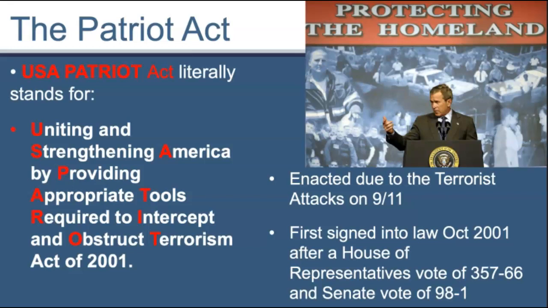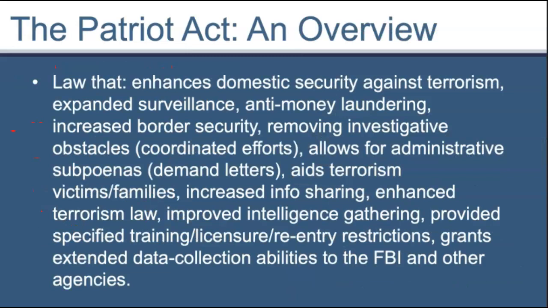But this was one of the most expansive, broad acts of criminal justice power that we had seen in over a century. So the Patriot Act is literally a law that enhances domestic security against terrorism, expanded surveillance, anti-money laundering oversight, increases border security, removes investigative obstacles, or what we call enhancing coordinating efforts, allowing for administrative subpoenas, or what we call demand letters, rather than a traditional subpoena that has to go through a court and a judge.